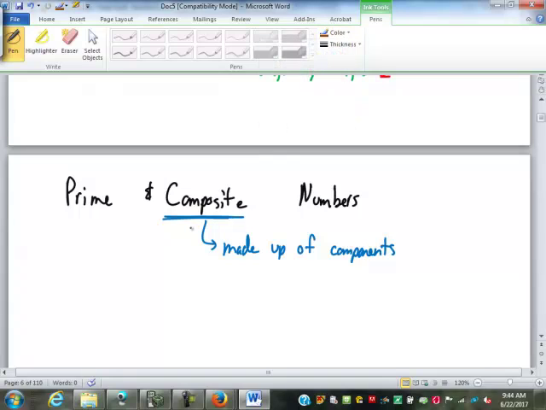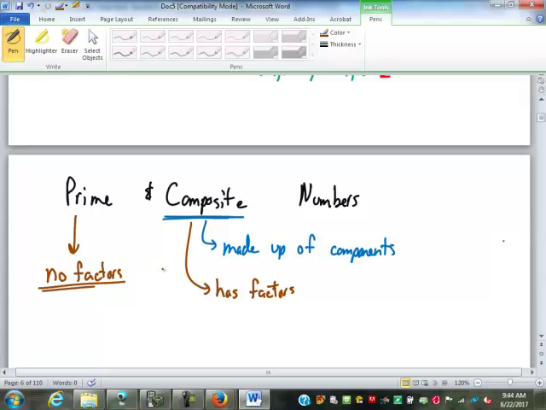A composite number has factors. In other words, it can be made up by multiplying smaller numbers together. Prime has no factors. In other words, the only numbers that will divide a prime number are 1 and itself.